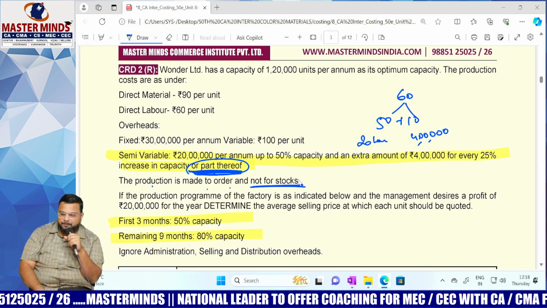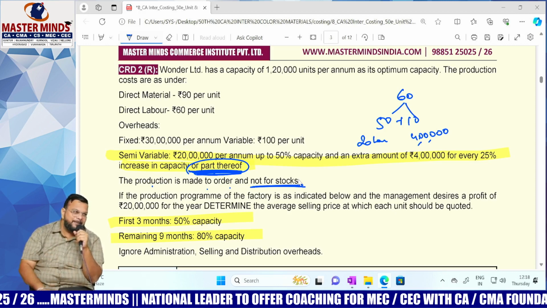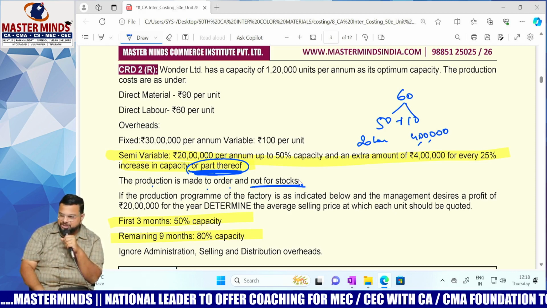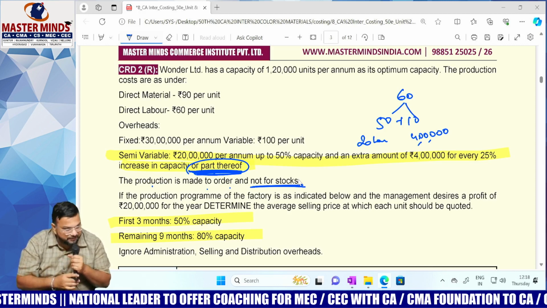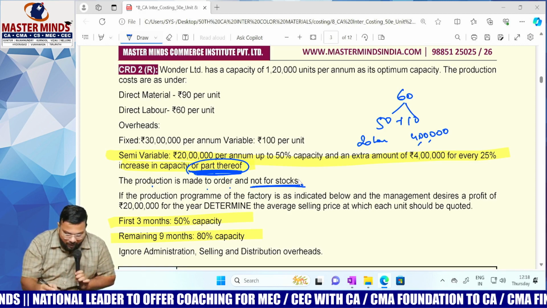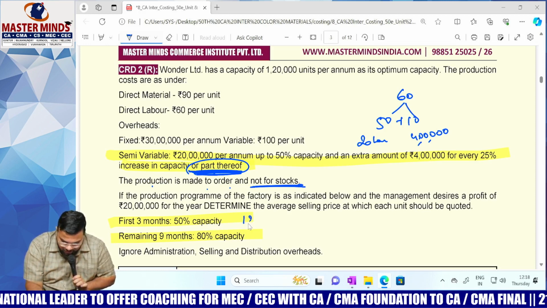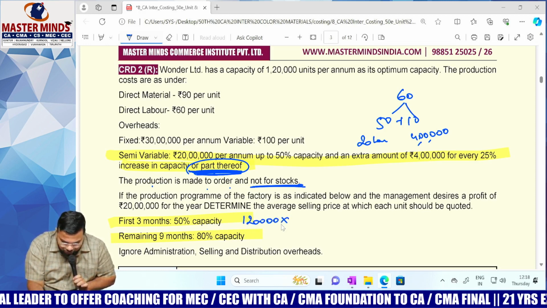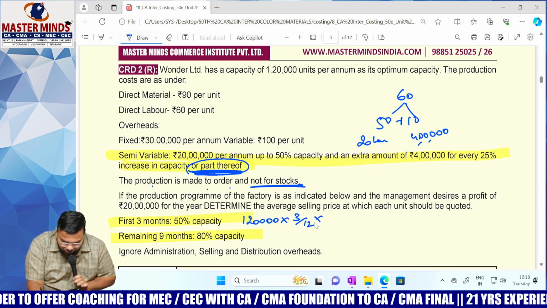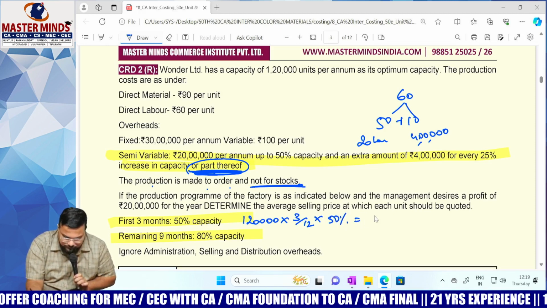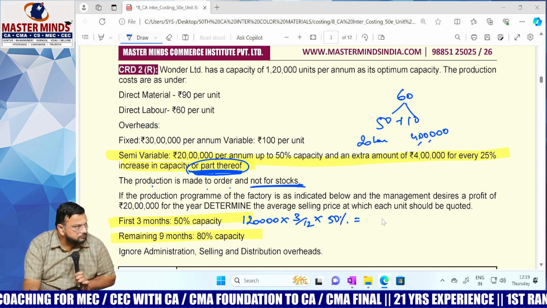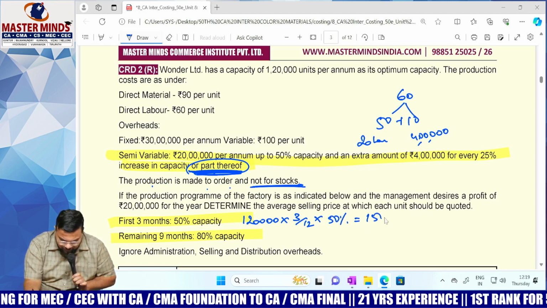So how to determine the number of units, sir? For the first 3 months capacity is given. For the remaining 9 months also capacity is given, Nana. For the first 3 months, how much capacity? What is the annual capacity? 1,20,000 into 3 by 12 into 50%. How much did you get? 15,000, Nana.